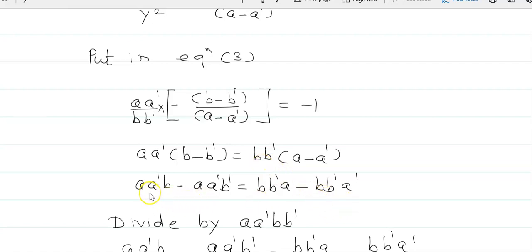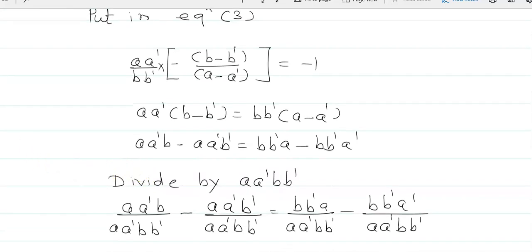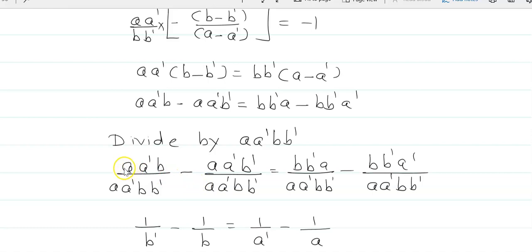Now dividing throughout the equation by a'b', then you will get a'b/a'b' − a'b'/a'b' = b'a/a'b' − b'a'/a'b'.